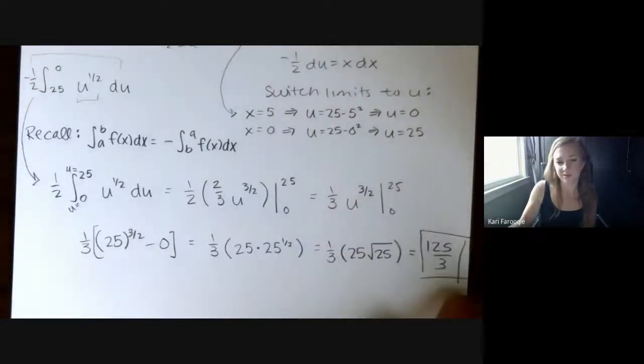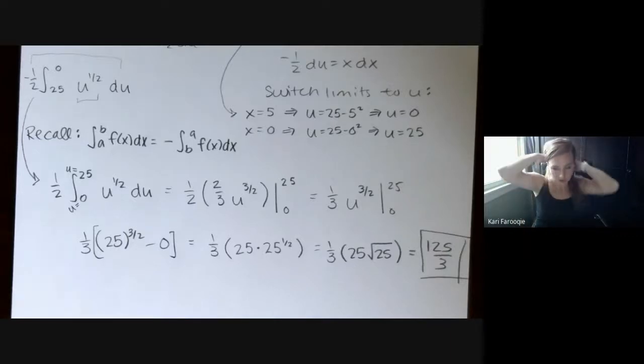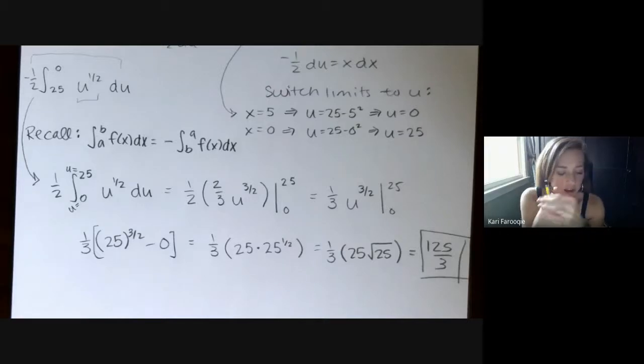Get used to this number. For some reason, in Calc 2, 125 thirds comes up all the time. I just don't know why. Just this once, I want to show you what this would look like if you decided to back substitute and not switch your limits. Before I do that, are there any questions here?